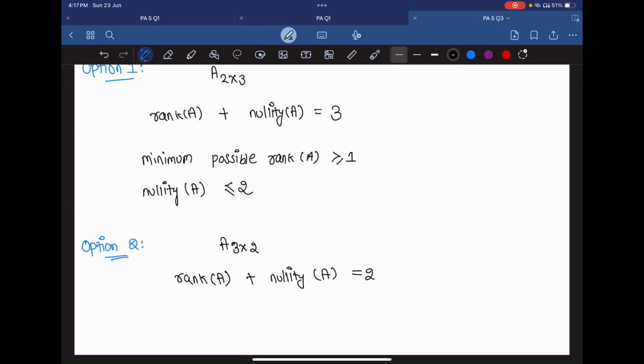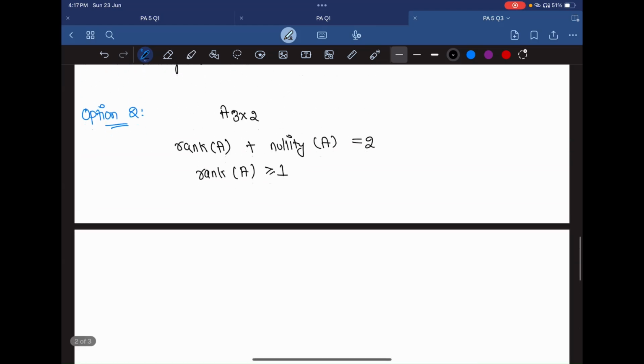And again, A is a non-zero matrix, so the minimum possible rank would be 1. And when we have the minimum possible rank, the maximum nullity that can happen is also 1.